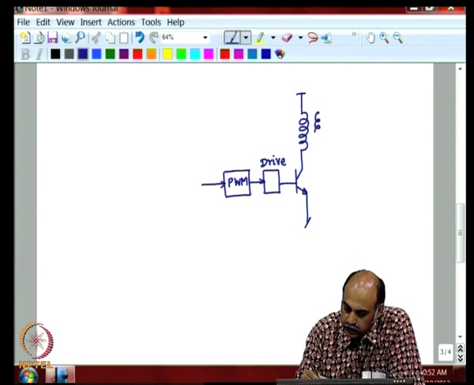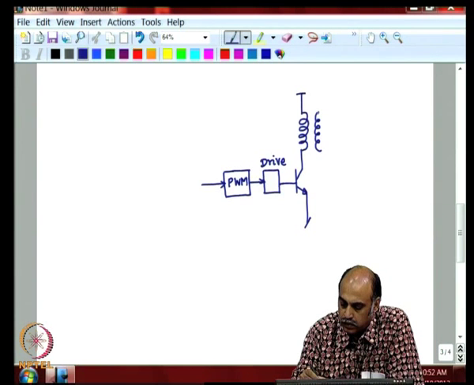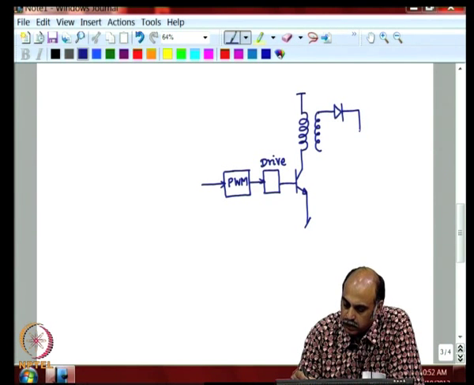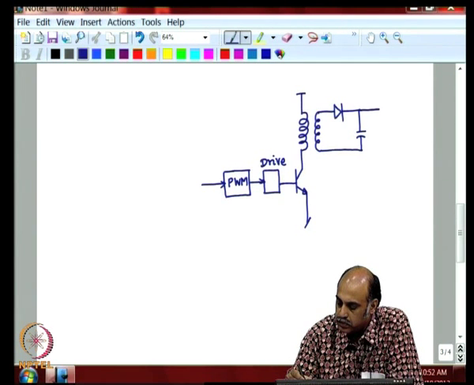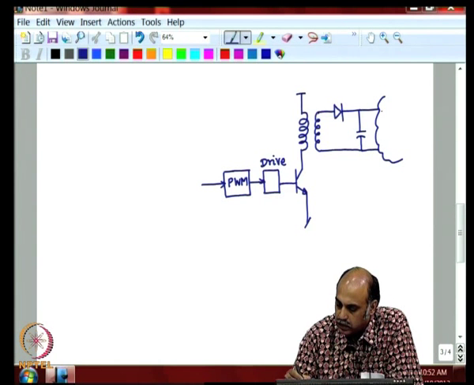Now, on the secondary side, we have just a diode and capacitance, which goes on further to other loads.